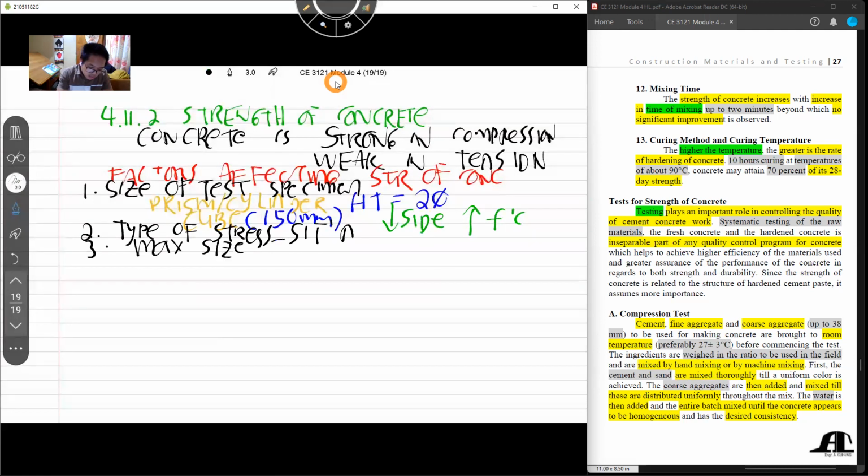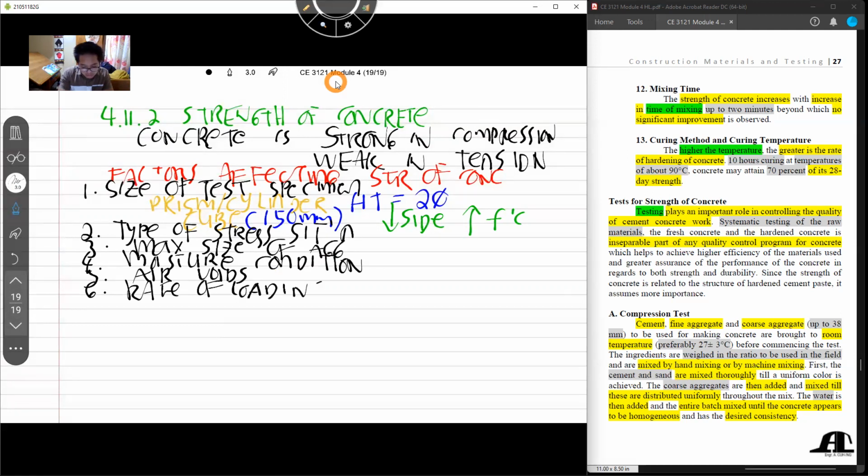Size of aggregate. Number 4, moisture condition. Number 5, class, is the air void. Number 6, rate of loading. Number 7, class, we're halfway now, is the type of testing machine.